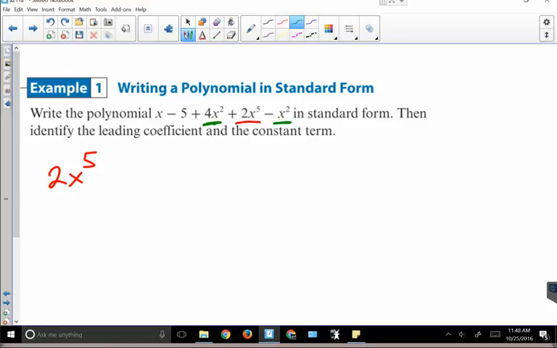Okay? So what I want to take a look at here is if those things are the same, we're going to be combining like terms, and you've done this before, Algebra 1 stuff. Those things that are the same may be put together. So if I've got 4x squared minus x squared, what number would be in front of that plain old x squared if I needed one?